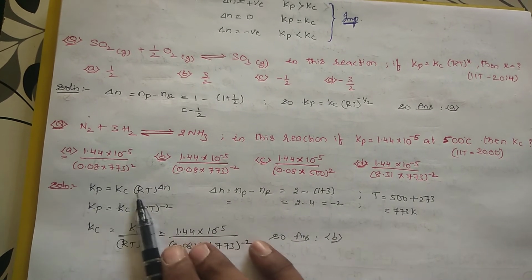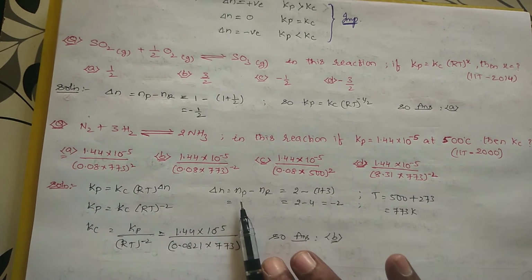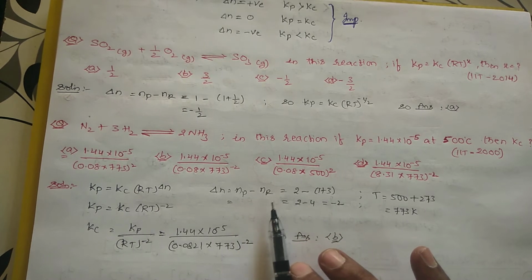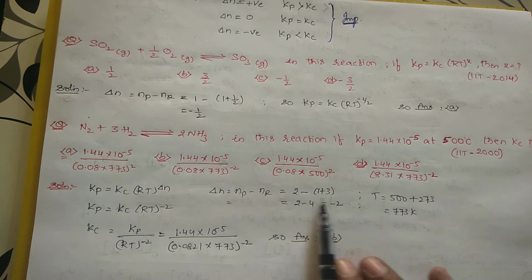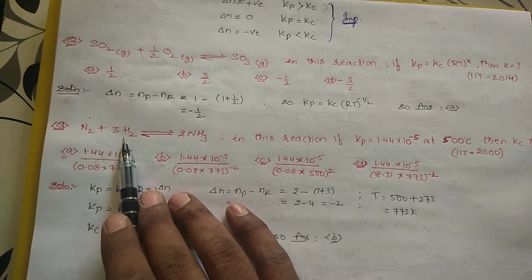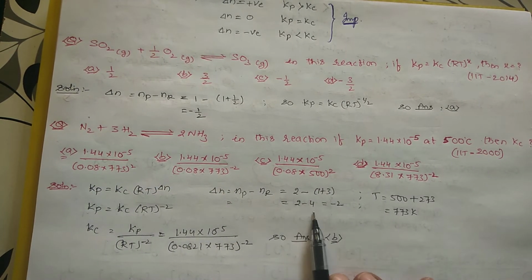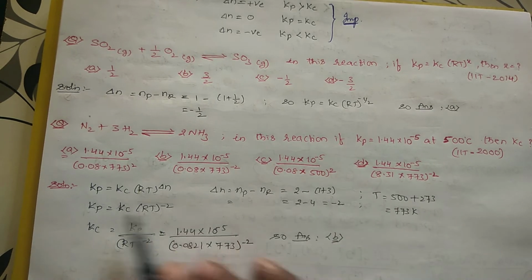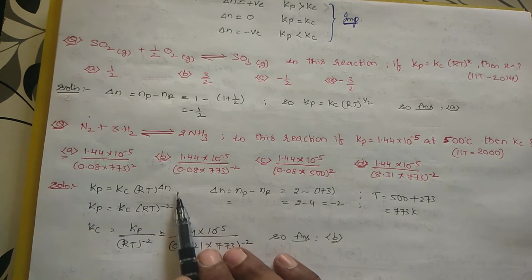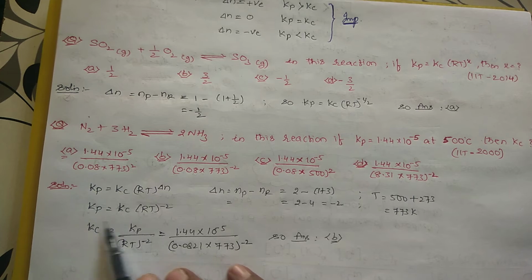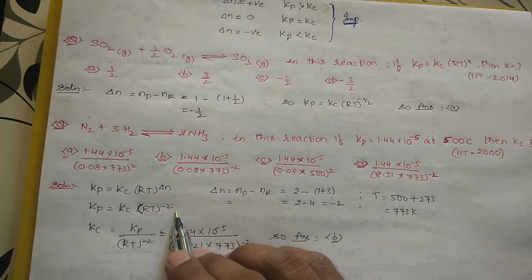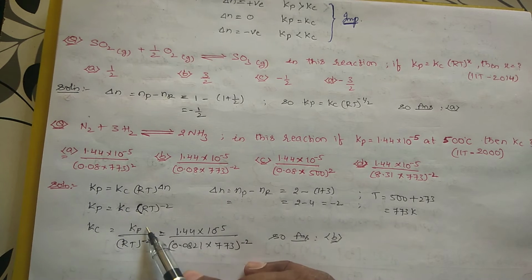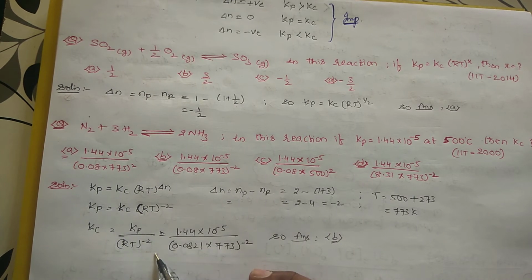First we should calculate delta n: number of moles of products minus number of moles of reactants. Products: 2. Reactants: 1 mole plus 3 moles, which is 4. So 2 minus 4 gives minus 2. So Kp is equal to Kc (RT) whole power minus 2. If you send RT to this side, it becomes Kc equals Kp by (RT) whole power minus 2.